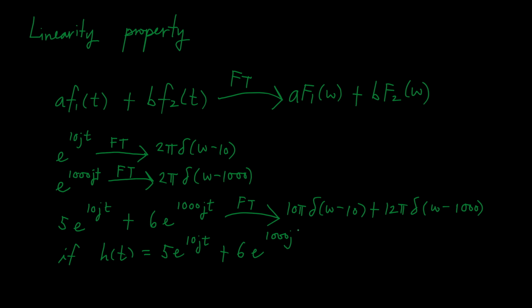So if you have h(t) equal to 5 e to the power of 10 jt plus 6 e to the power of 1000 jt, H(omega) will be 10 pi delta omega minus 10 plus 12 pi delta omega minus 1000.